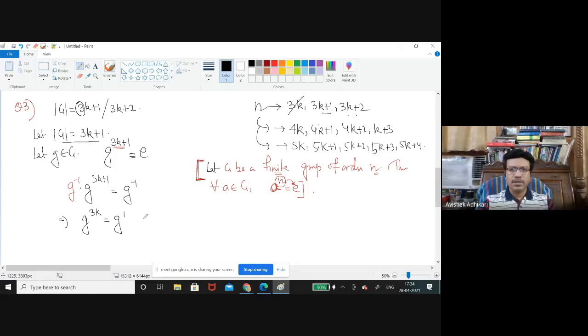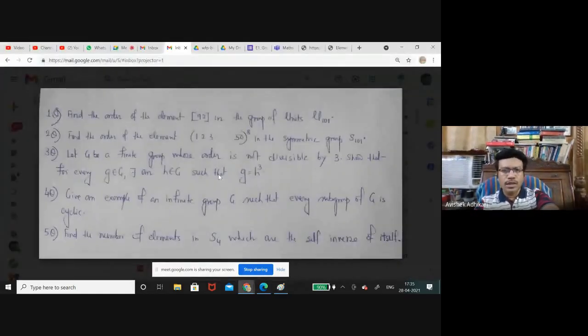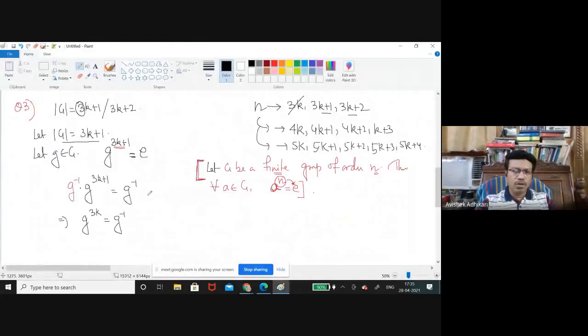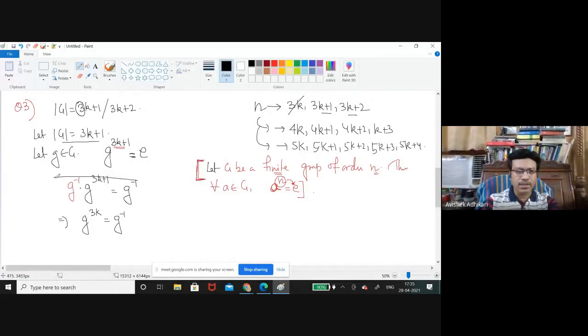Okay. Now what you need to show? You need to show that for every G there exists some element H such that G equal to H cube. So the other way around, what I can do is that instead of doing this, I need G actually. So I made a mistake here, or I could have done one more step.